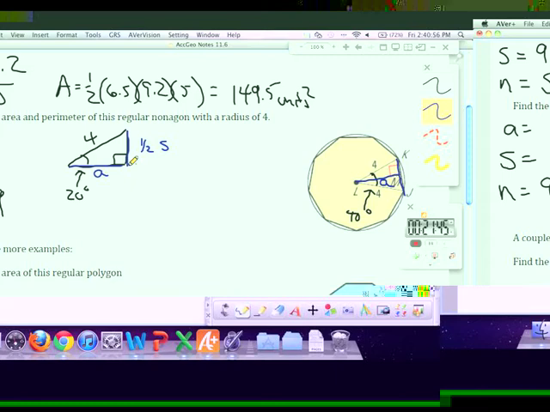So our goal for this section is, if we can calculate what an apothem's length is, what the side length of our regular polygon is, and if you can count on your fingers how many sides there are, then you can calculate the area of any regular polygon. Here's where we're headed with this.